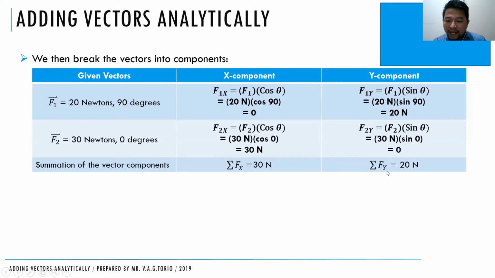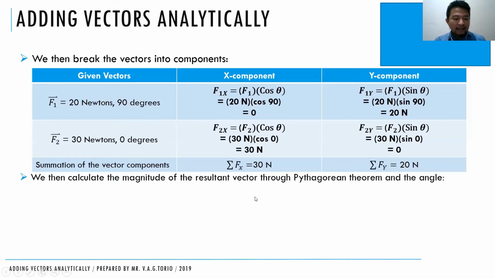That's F sub y, 20 plus 0 is 20 newtons. We now are able to calculate the summation of the components, and we are now left with the components x and y for our given vectors. We then are ready to calculate the magnitude and the direction of the resultant vector that we want to compute.